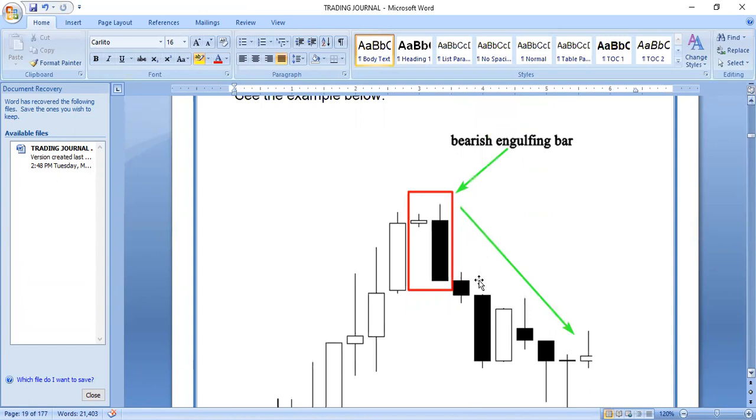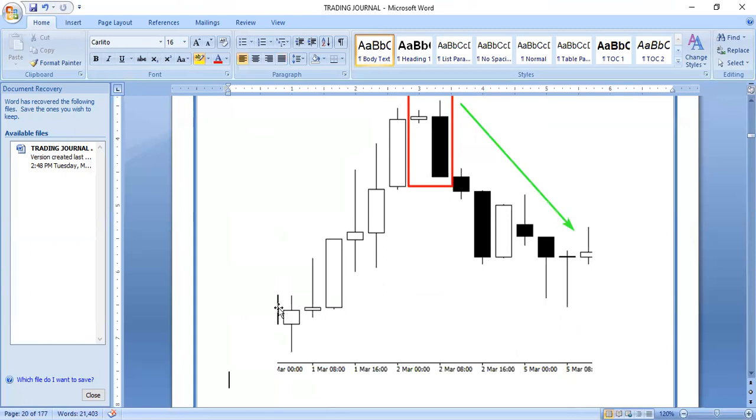Now this one is a bearish engulfing bar on a continuous chart. You can see these are illustrations that were just taken from the EUR/USD chart. So you can see the trend was bullish. Then at that particular point, it may be resistance.